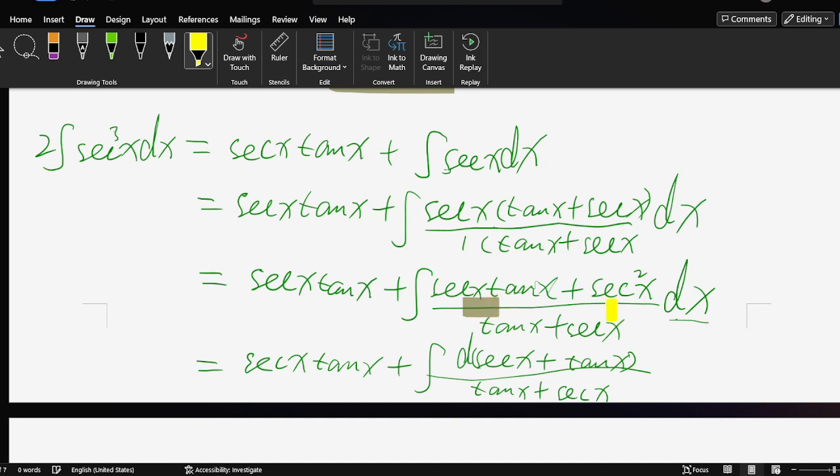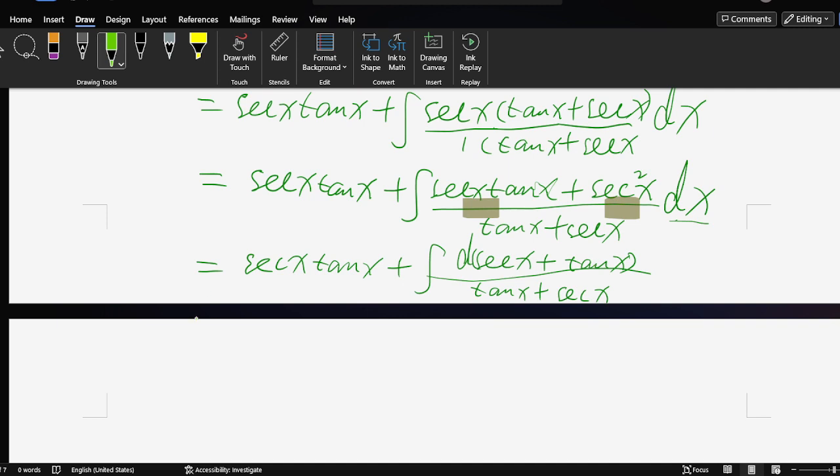I show you here. Okay, we get the two parts. Equals secant x tangent x plus this part is very easy.